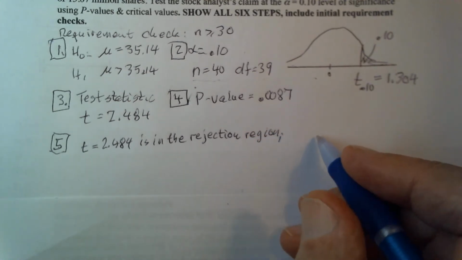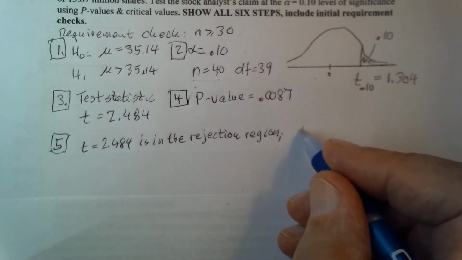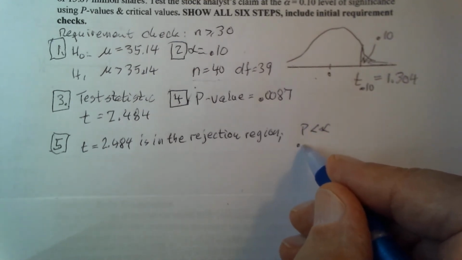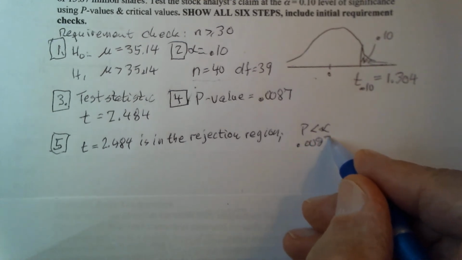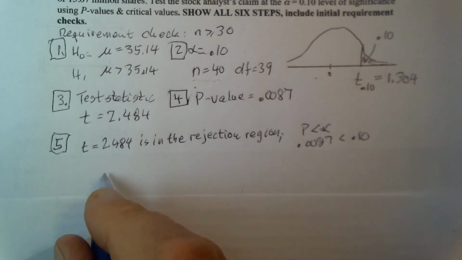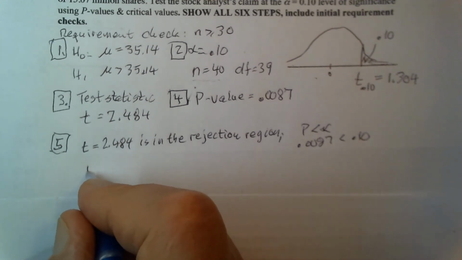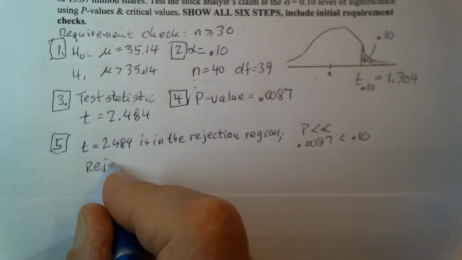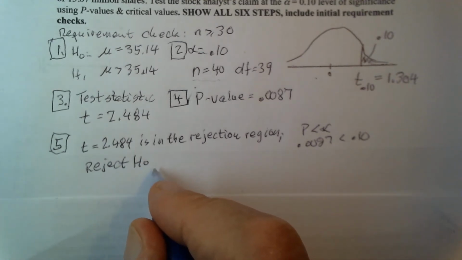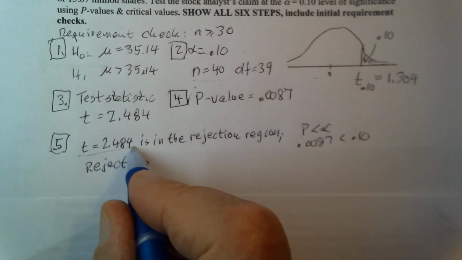Furthermore, our p-value is less than alpha because 0.0087 is less than 0.10. So we reject the null hypothesis for both reasons.